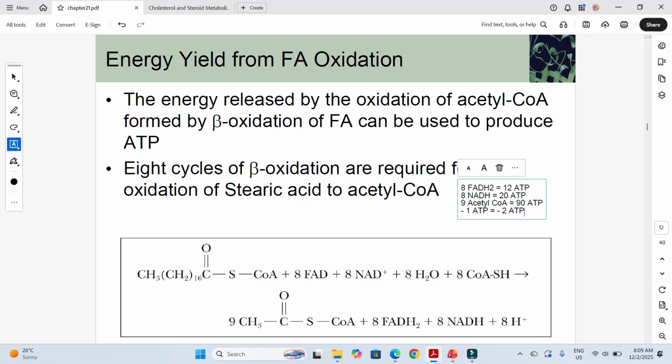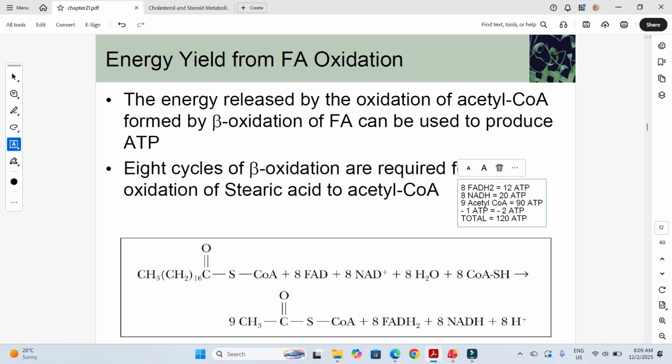So the total would be 12 plus 20 plus 90, so that's going to be 32 plus 90, 122 minus 2, that's going to be 120 ATP molecules, right? 120 molecules of ATP from one stearic acid molecule.